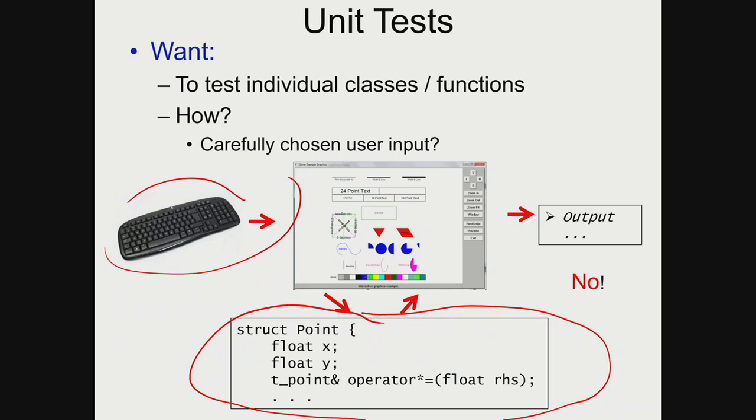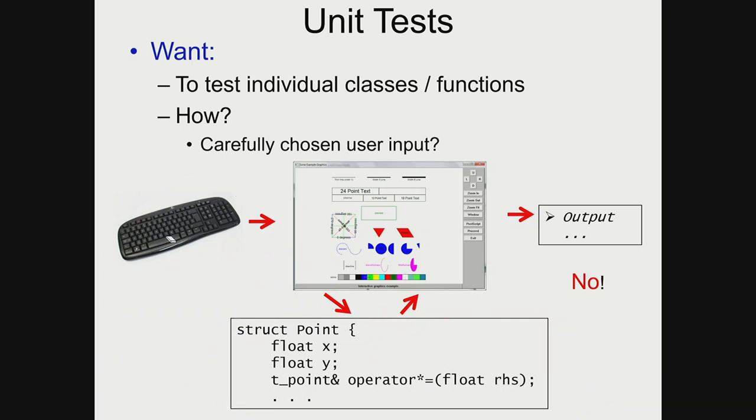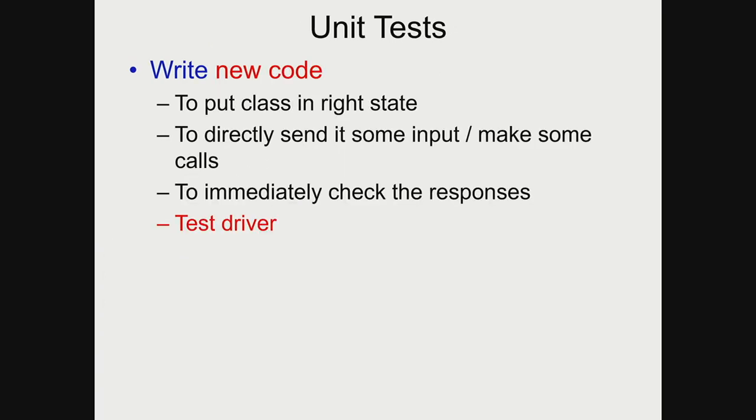It's very hard for me to know that I'm for sure checking that. And also, in particular, it's impossible for me to know that I'm only checking that. I've gone through the whole program. If something's broken, my test is going to fail. I want my unit tests, when they fail, to point me to a much more localized part of my program. So I just can't do this. This isn't how you do unit tests.